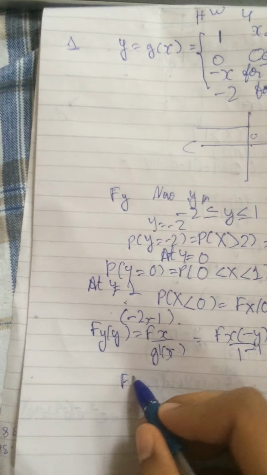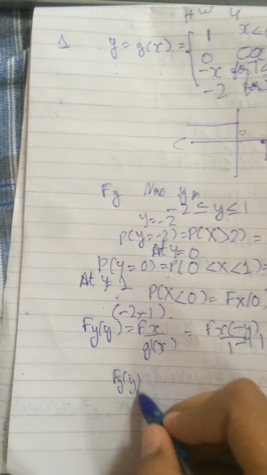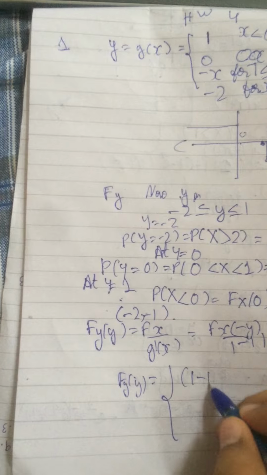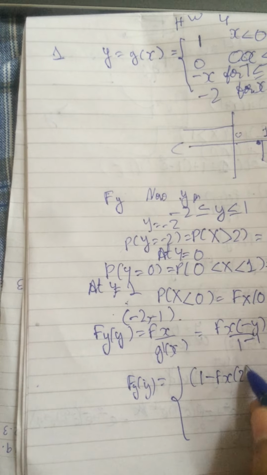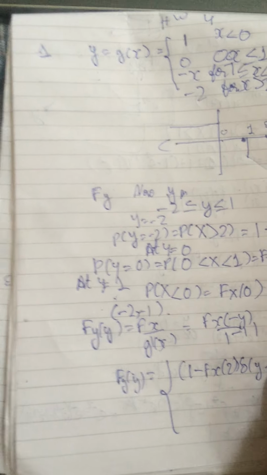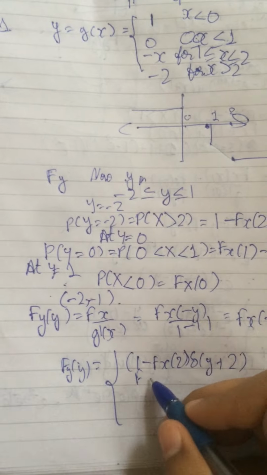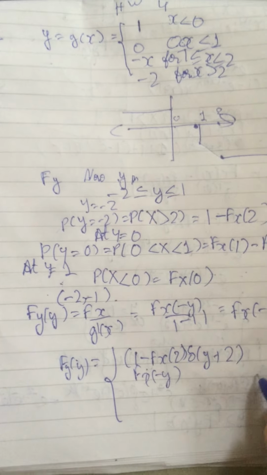Now f of y we have found out, and we can write it like this, into delta of y plus 2 at y is equal to minus 2, and similarly we found out different values, we can write them like this.